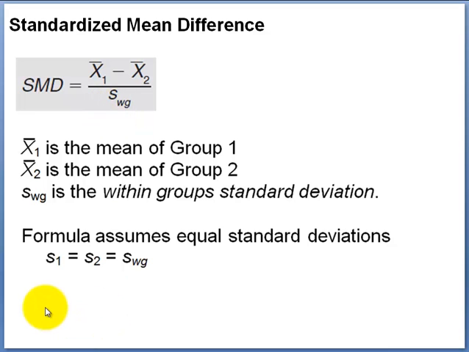Now I'll just say that in the real world there are modestly more complicated formulas that compute the standardized mean difference in situations where groups differ by some. It is often the case that standard deviations are quite similar in two groups.